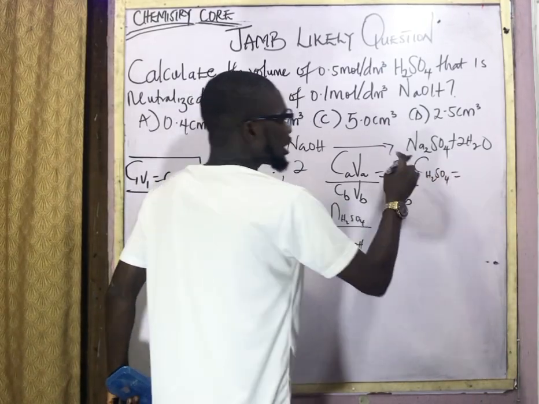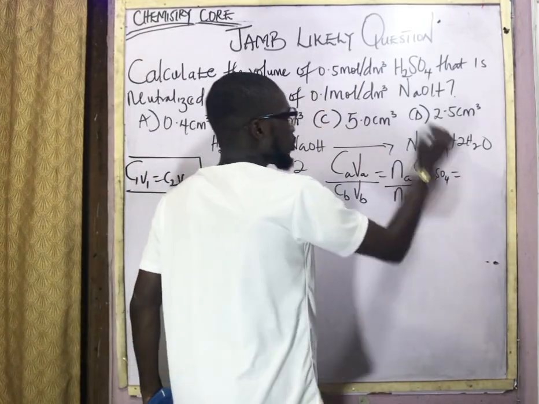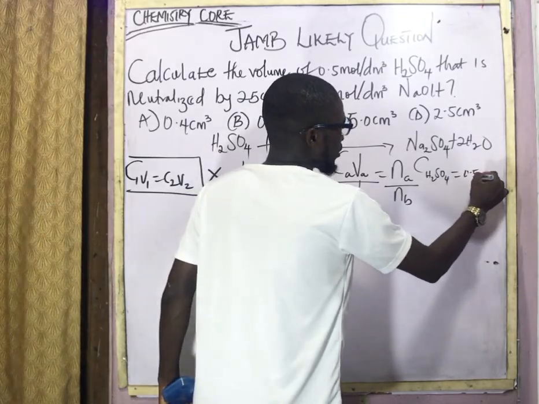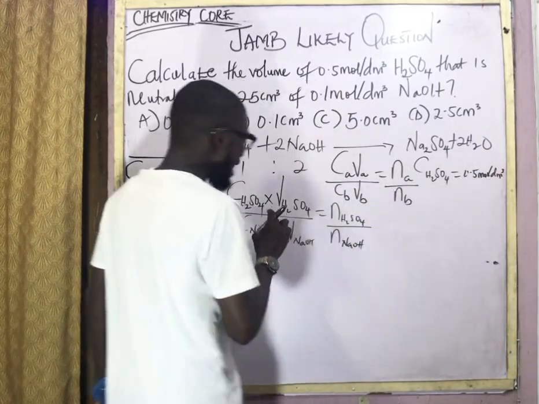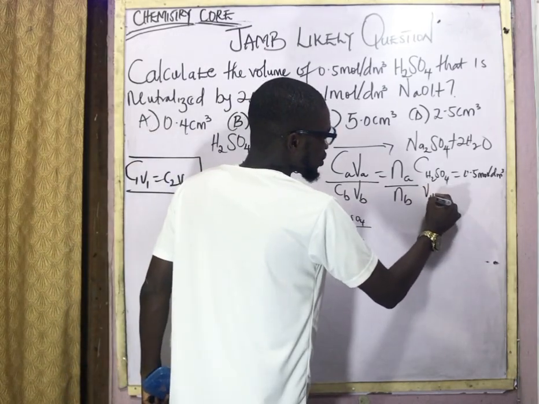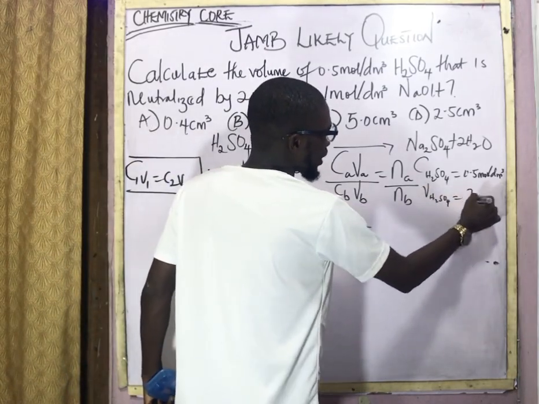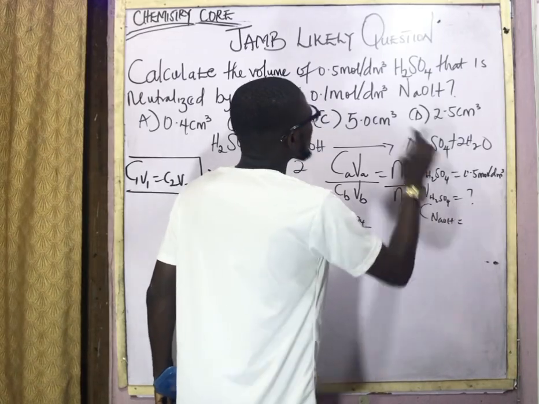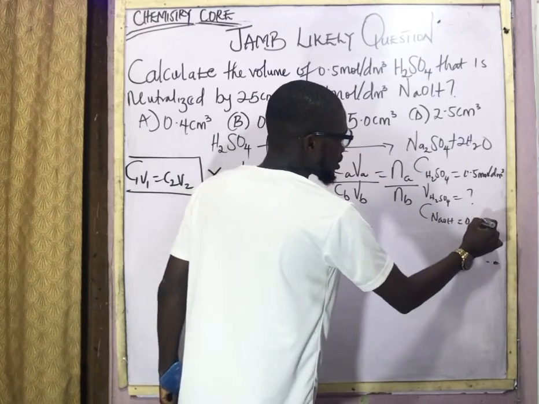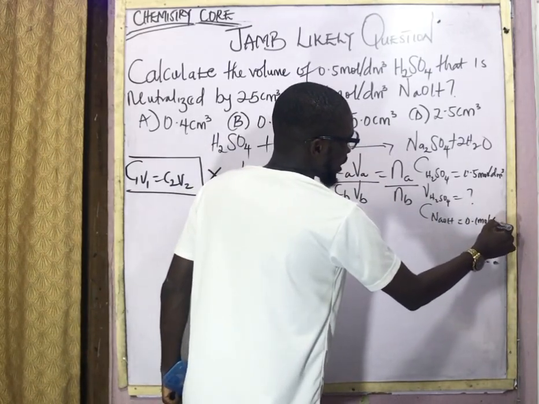So guys, what is our CH2SO4 value? The concentration of the acid we have is 0.5 mole per dm cube. What is our VH2SO4? That is what we are looking for. Our CNaOH we have 0.1 mole per dm cube.